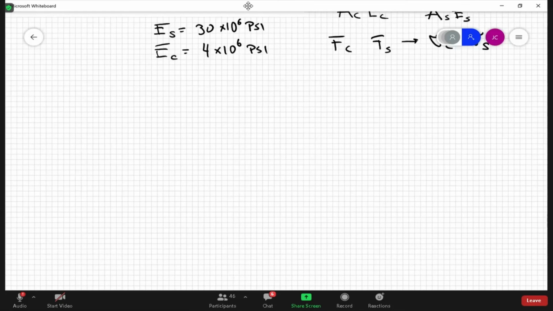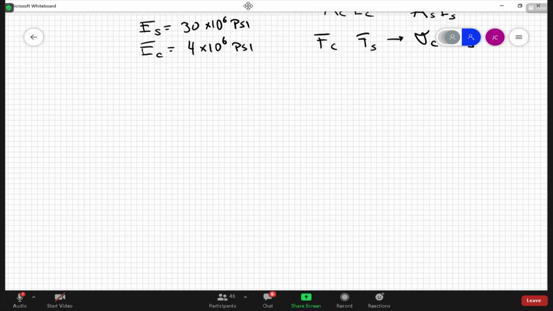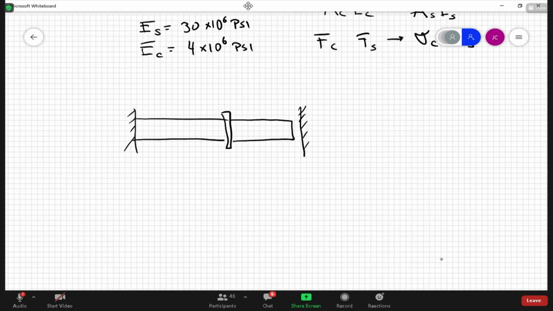Yes, sir. Okay. So there'll be some other ones where it's like, okay, here's a wall, right? And almost like what we did before, but there'll be a gap. All right. And so, let's say there's a force P here, and let's call these points A, B, and C. But there's a gap here of like 0.02 inches.